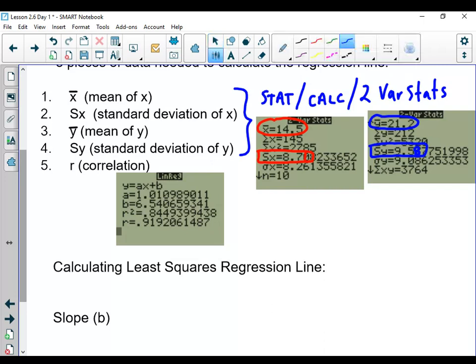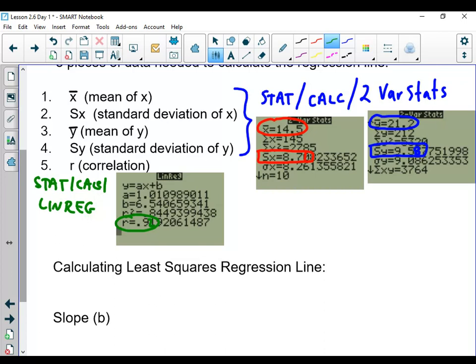Now that I know that the R value is, if I round it up, 0.92. So again, all those things can be found on the calculator that I'm going to use. Now I've got to be able to use them.